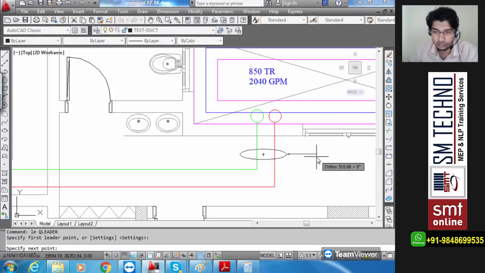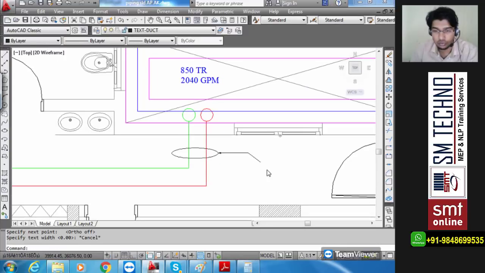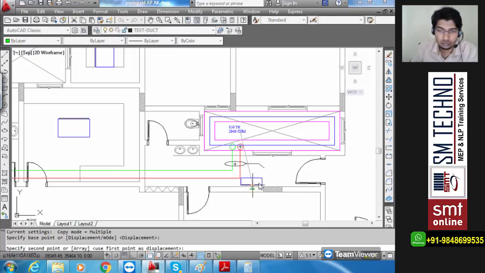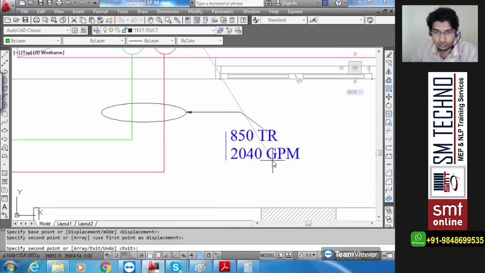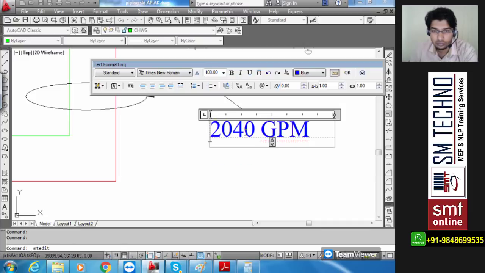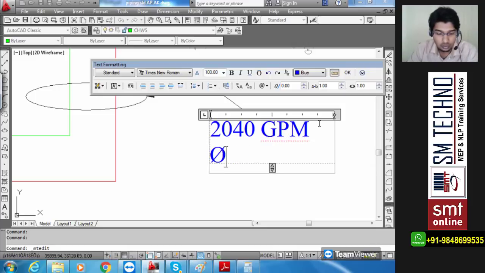Find from the table. How much? 250. Pipe size 250 mm.